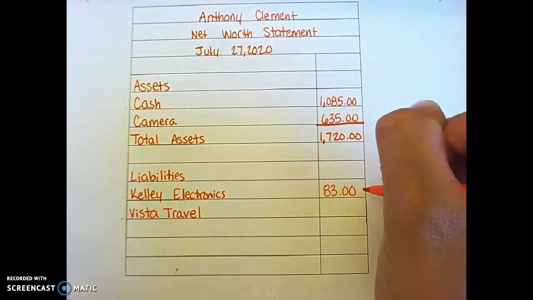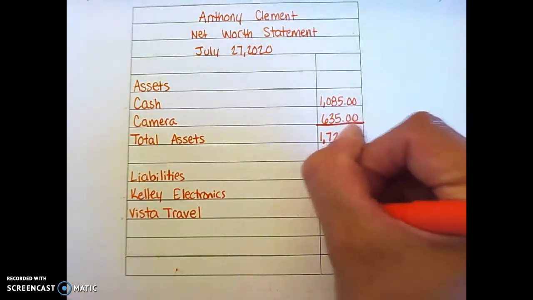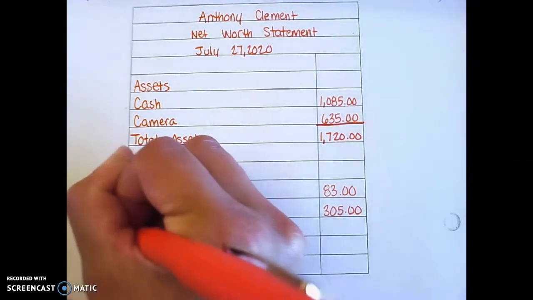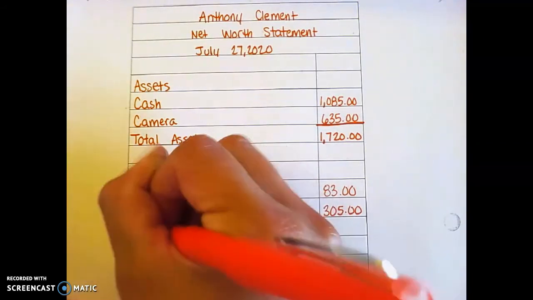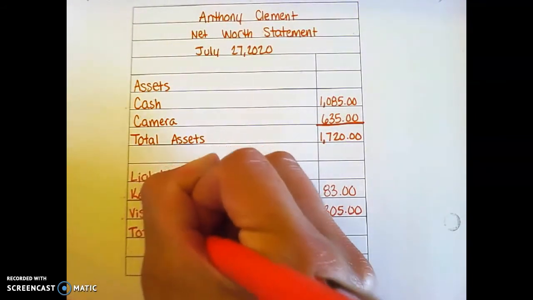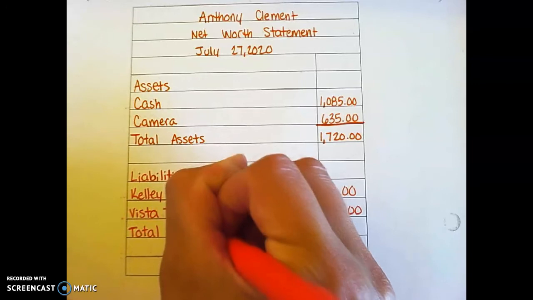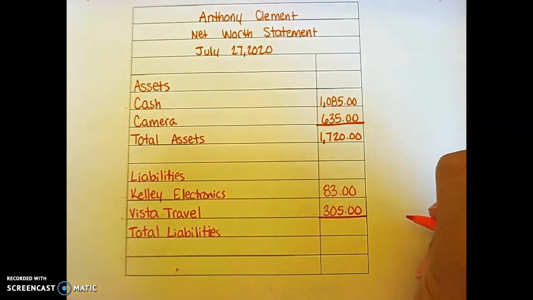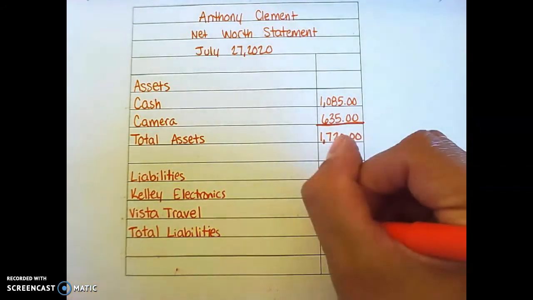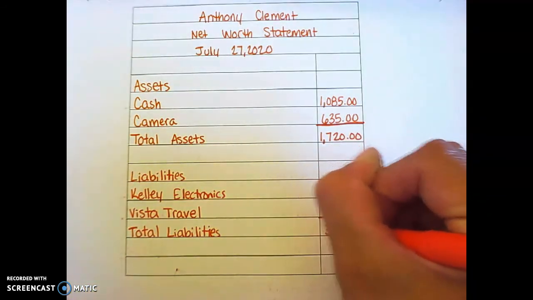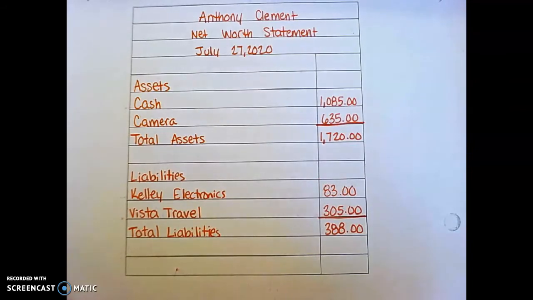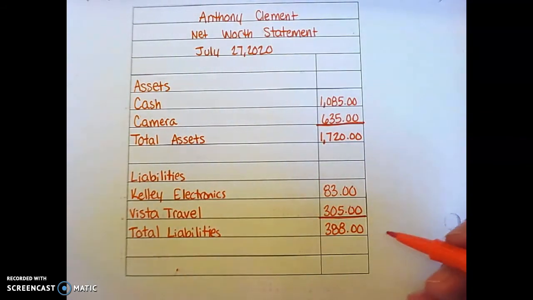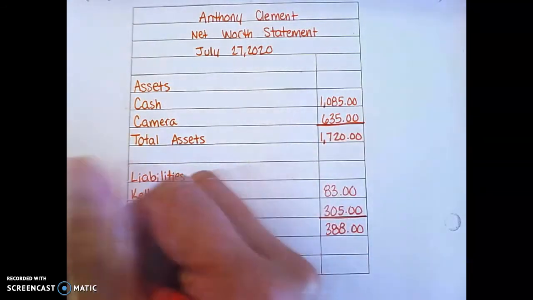And to Vista Travel, he owes $305. Those are his only two liabilities, so I'll write total liabilities. I will single rule to indicate that I am adding these two numbers together, and the total is $388. So taking his assets and then subtracting his liabilities will calculate his net worth.